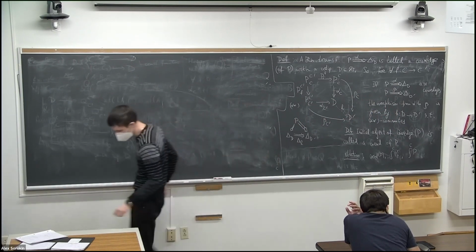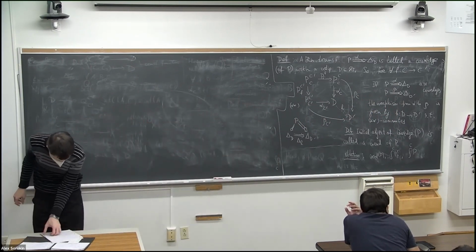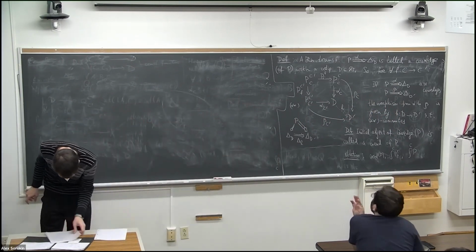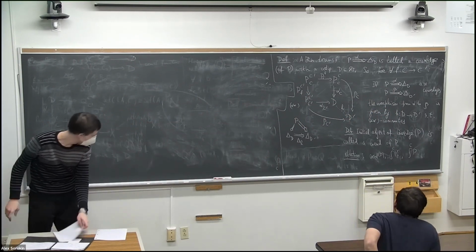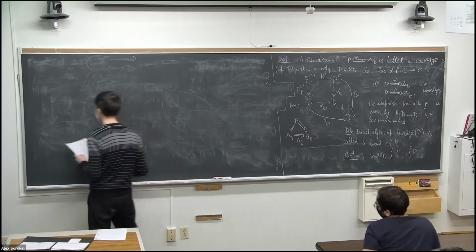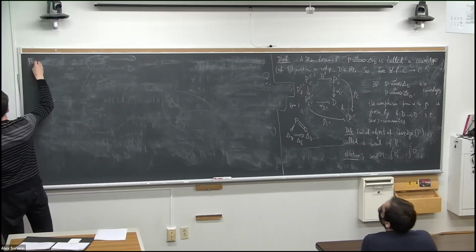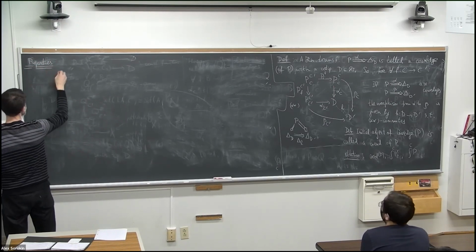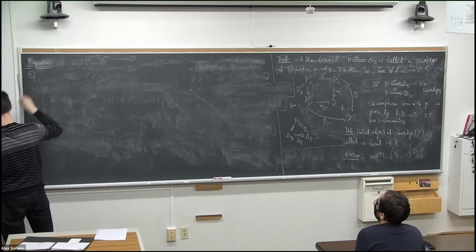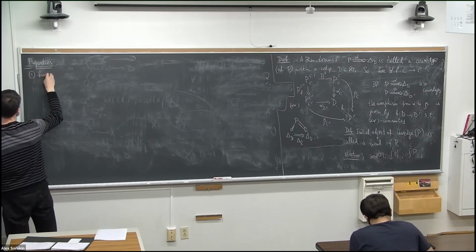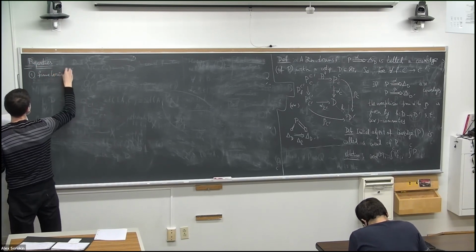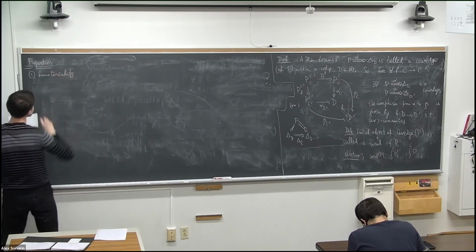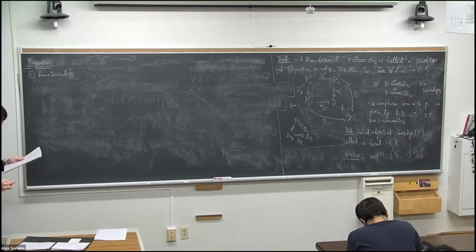Then we're going from the construction to properties. Property number 1 is functoriality.